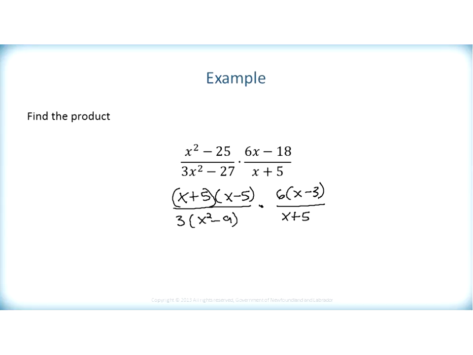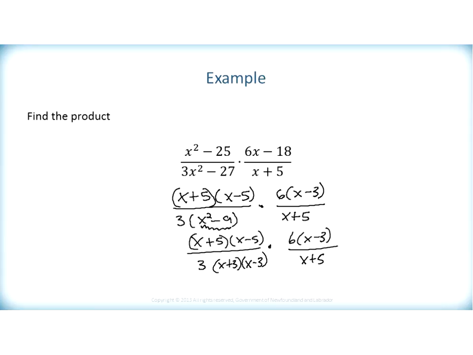Yet this is still factorable. So we have x plus 5 over x subtract 5, 3, x plus 3, x subtract 3. That's a difference of 2 perfect squares, times 6 outside of x subtract 3 over x plus 5. So let's cancel any common factors.